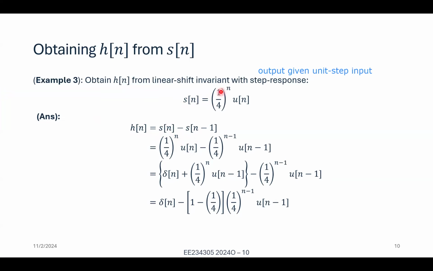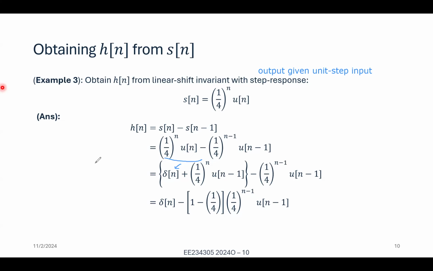So Sn is 1/4 to the power of n un, and Sn minus 1 is 1/4 to the power of n minus 1 un minus 1. So we can break this down into delta n plus 1/4 to the power of n u n minus 1.